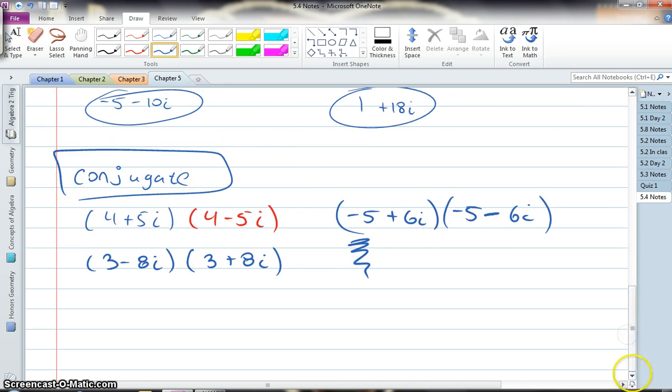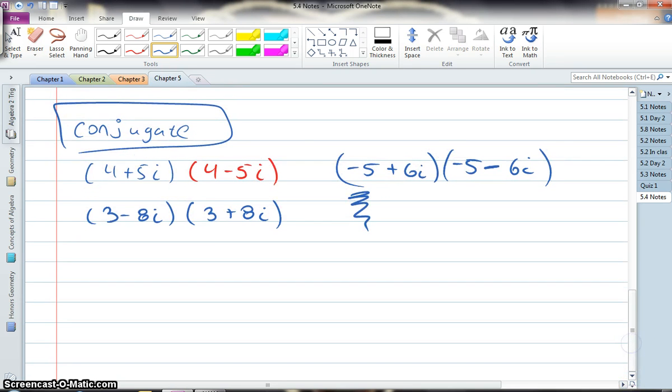Now, what in the world's the purpose of it? Let's say I gave you a problem like this: 5 plus 3i all over 1 minus 2i. Now, keep in mind, i represents the square root of negative 1. Are you allowed to have a square root in the basement?